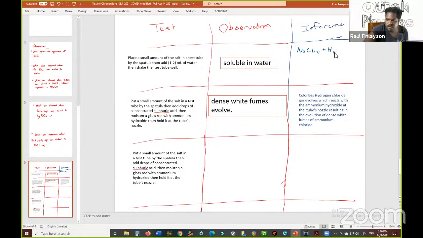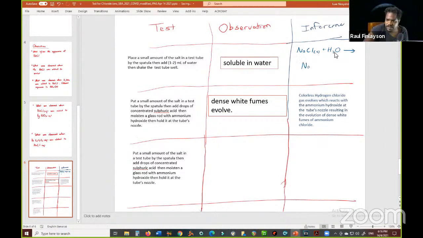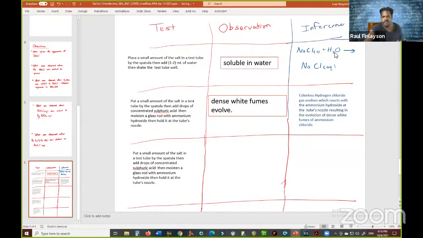All right, and then of course this will go to form NaCl aqueous. So you write something like that. In this case, sodium chloride doesn't react with the water, it just dissolves. At a microscopic level, it's a small reaction, but not where new products are formed here.